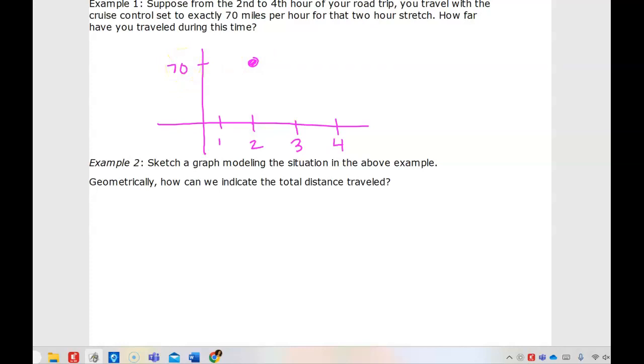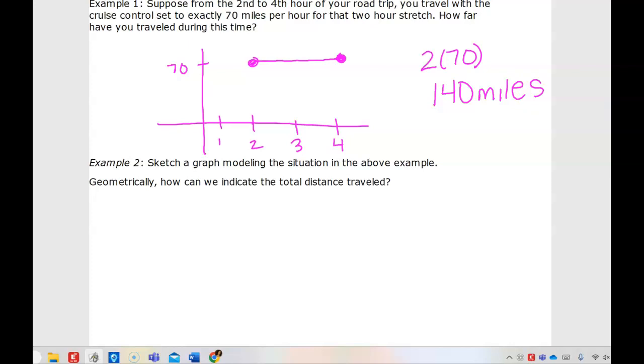My cruise control is going to remain at 70 until hour 4. So going back and just doing math the way you know how to do math, you would say, okay, 2 hours, 70 miles per hour, means I drove 140 miles.